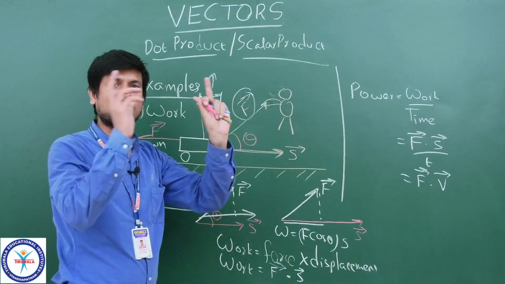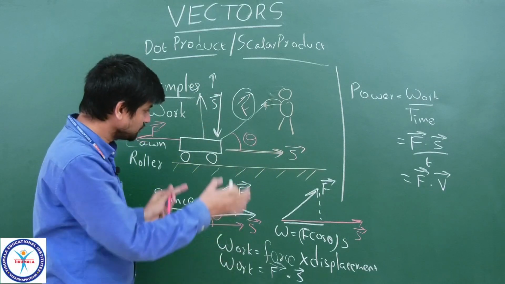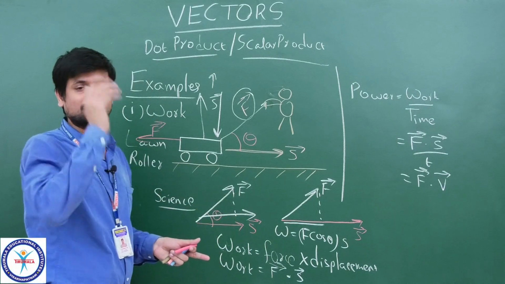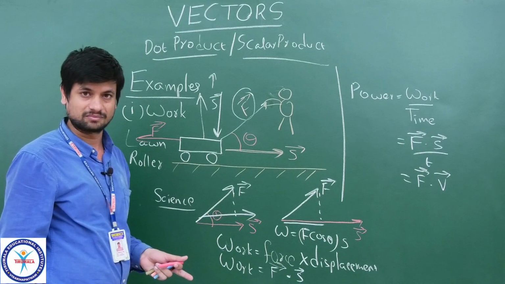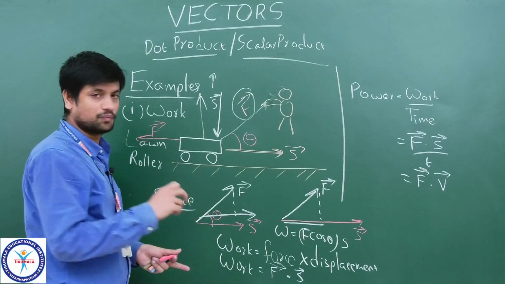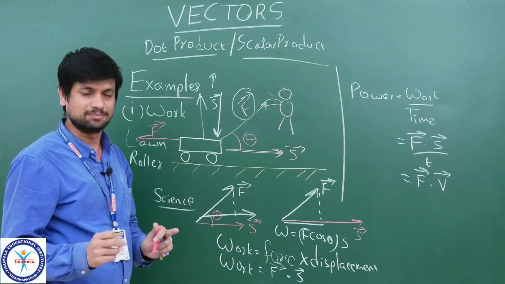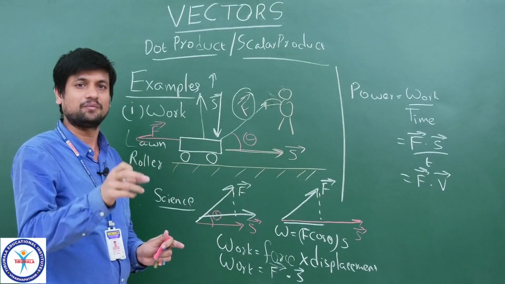Keep it in mind, in all these cases you should think this way. Once you understand this vector concept, all sciences will be studied in an easy manner. Maybe you feel some difficulty with the concept, but mathematically it is easy, simply adding and multiplying. These are very fun also.